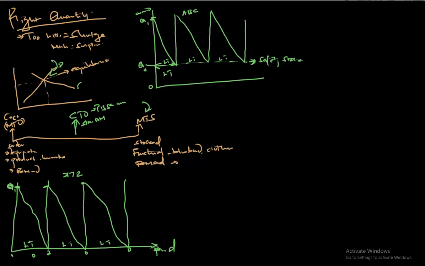The first one is a fixed period system. The second one is what we call a fixed quantity system.